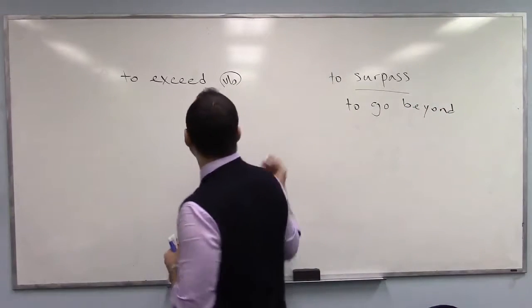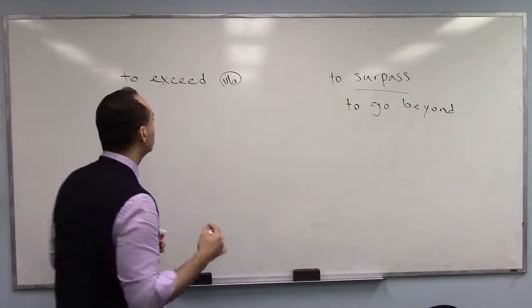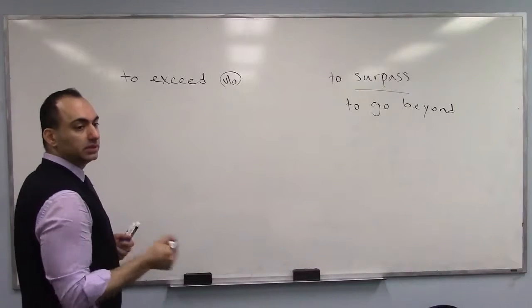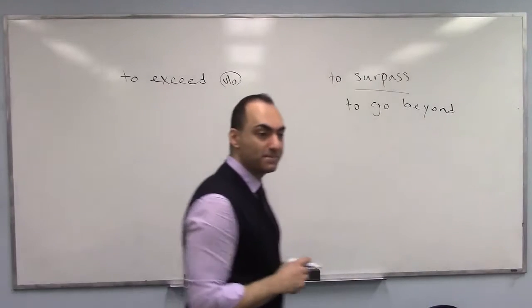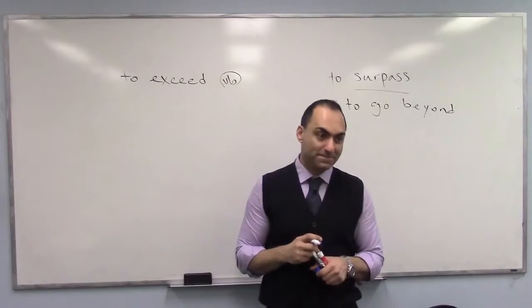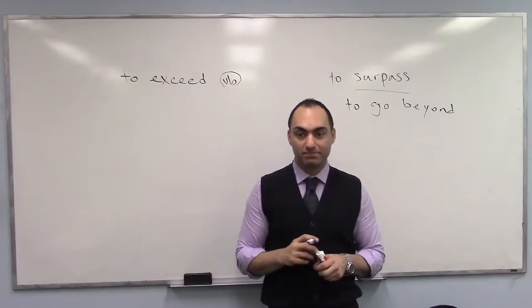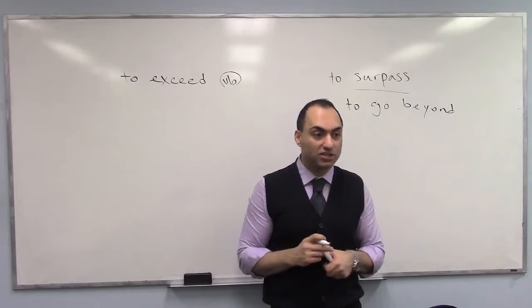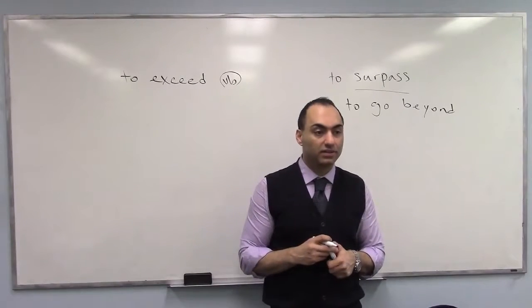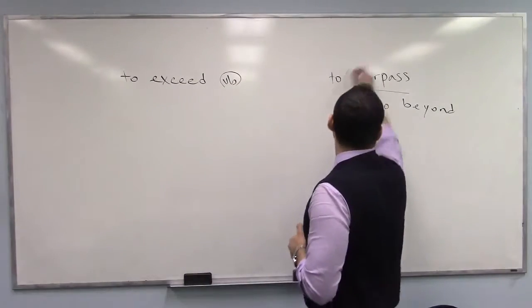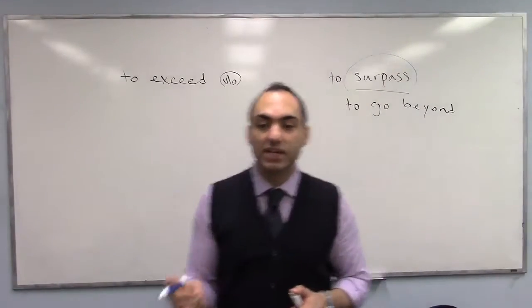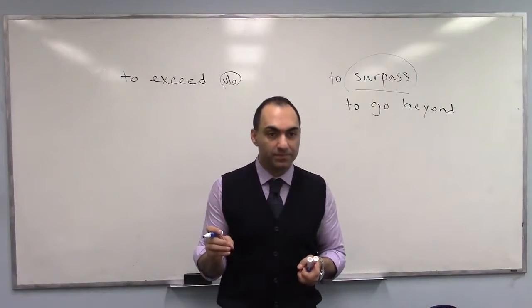Okay, can you give an example? Your talent surpassed my expectation. Yeah, but can I exceed your expectation? That was a good example. So, one thing I want you to remember is synonyms are not exactly the same.